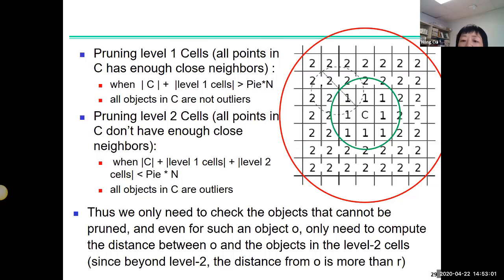So therefore, for a lot of data points, we can decide either way. The data cells meeting those two standards will all give us clear decisions on whether those data points are outliers or not outliers, so they can be easily processed. Here we're using the word prune, so that they're not being considered further. We can process those quickly. Only the data cells in between, which don't meet either of those conditions, will have to be individually checked.